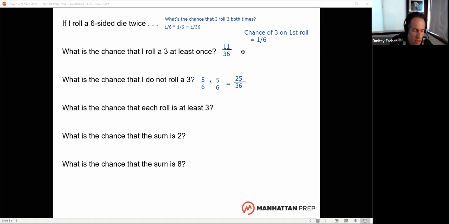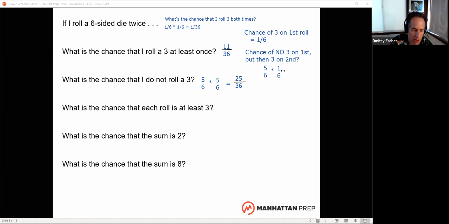And then what's the chance of no 3 on the first, but a 3 on the second? So what's the chance that when I roll the die, I don't get a 3? We already know that. Just on the one die, 5 out of 6. And then what's the chance that I do get it on the second roll? 1 out of 6.